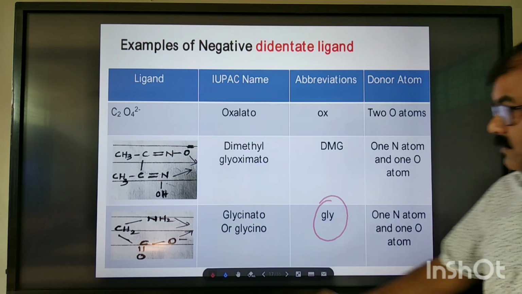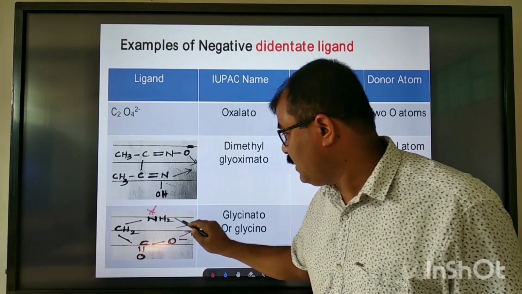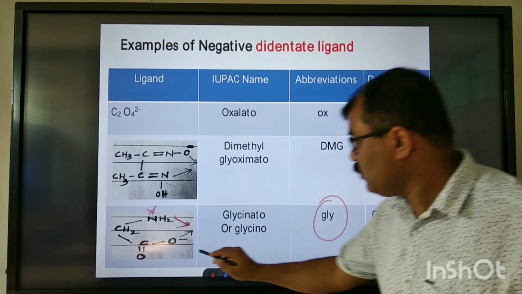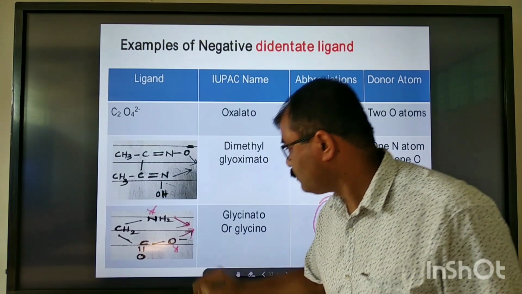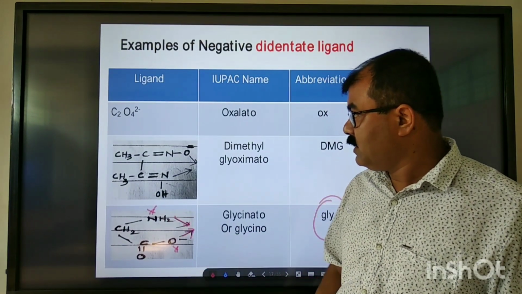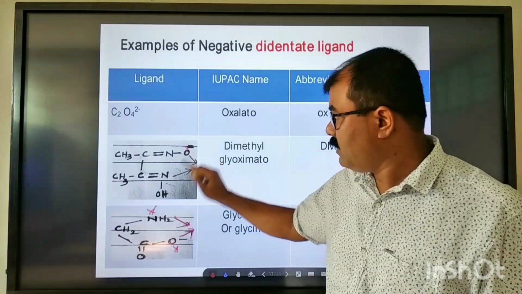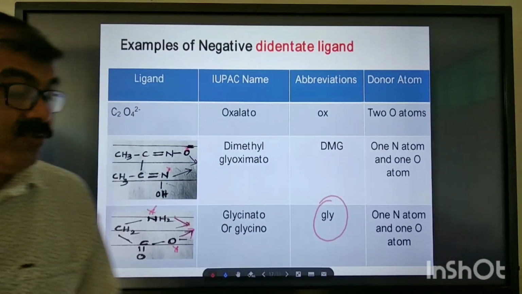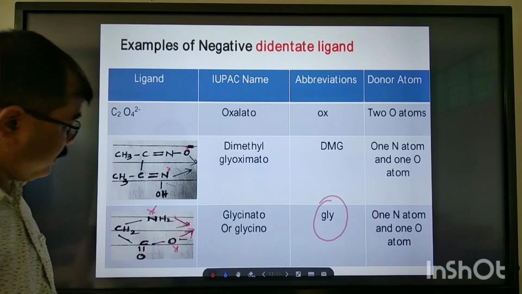What are the donor atoms? This is one donor atom, see the linkage, and another donor atom is oxygen: nitrogen and oxygen. It can form a coordinate bond through these.